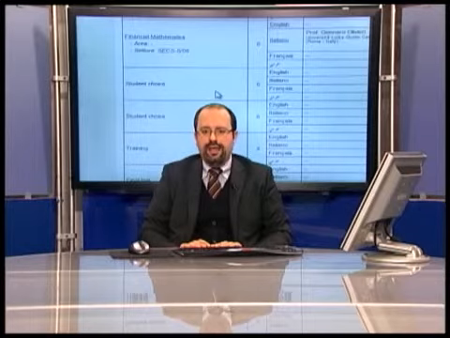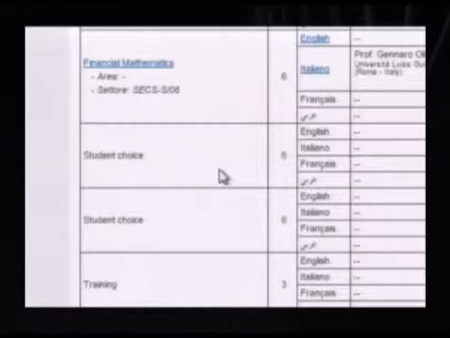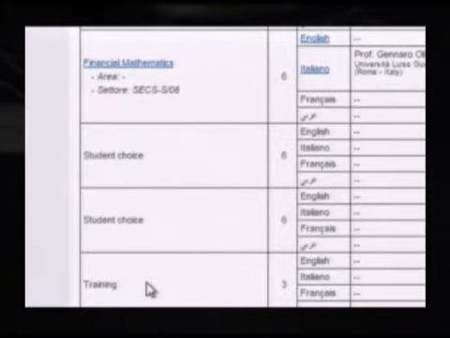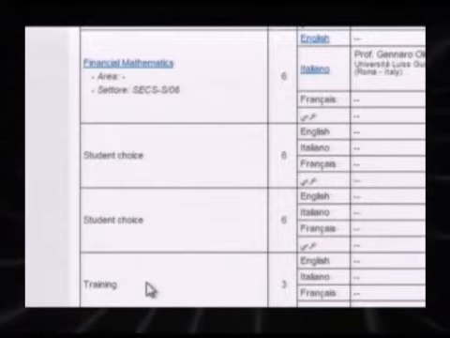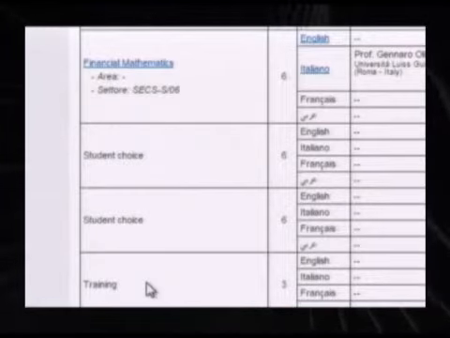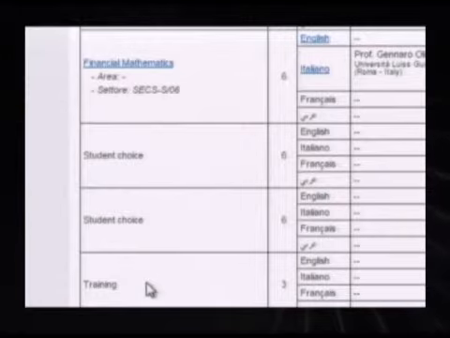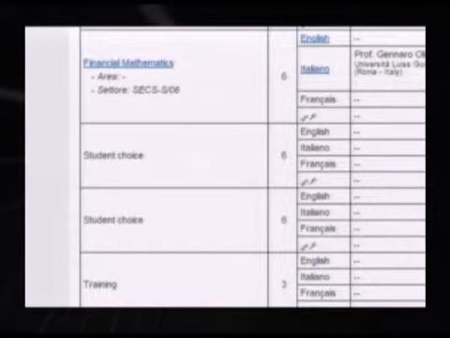At the end of our BA, we have also the training activity, and it's about 3 ECTS, and the aim of the training activity is to develop in the students a more practical approach. Then we have the final dissertation of our BA.